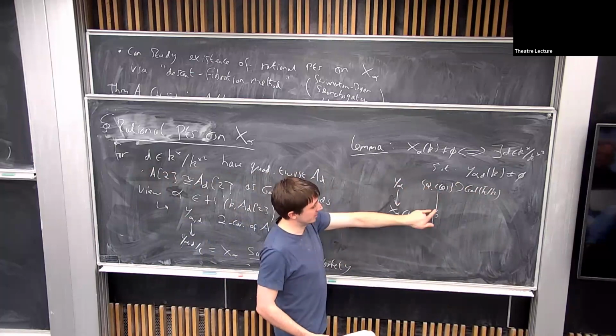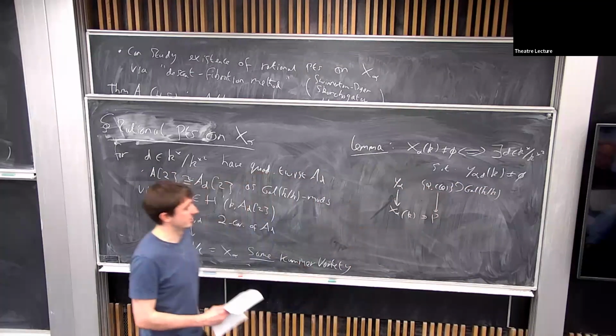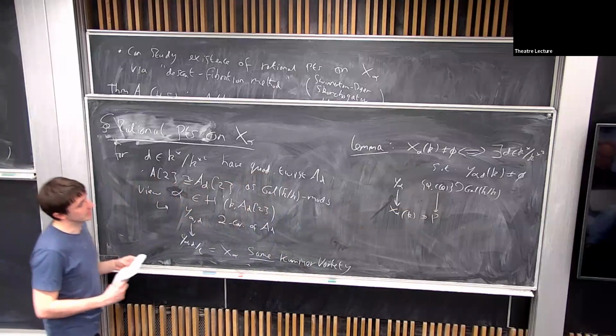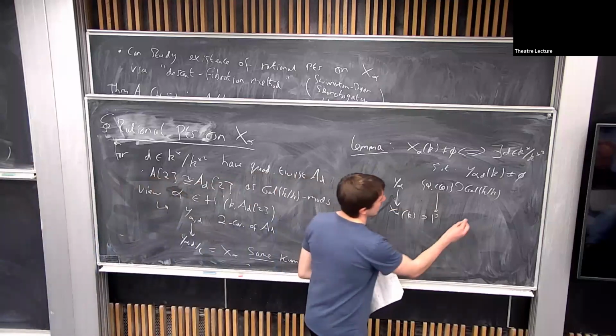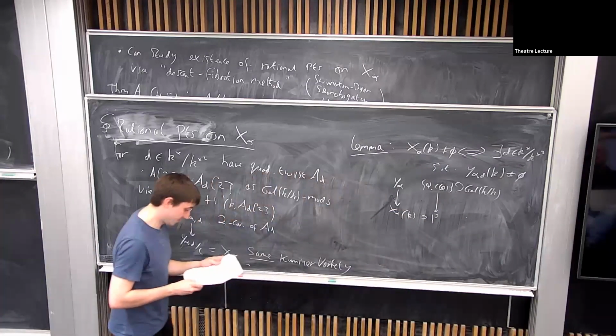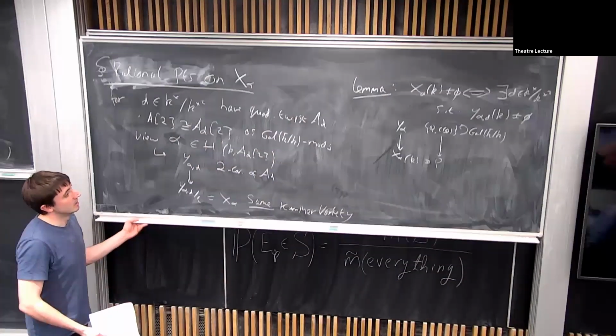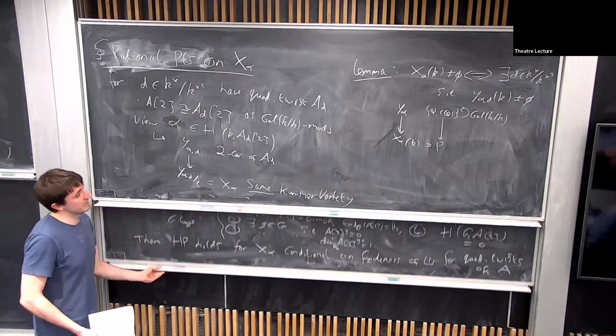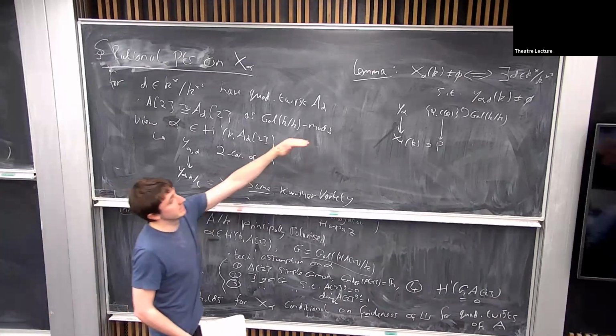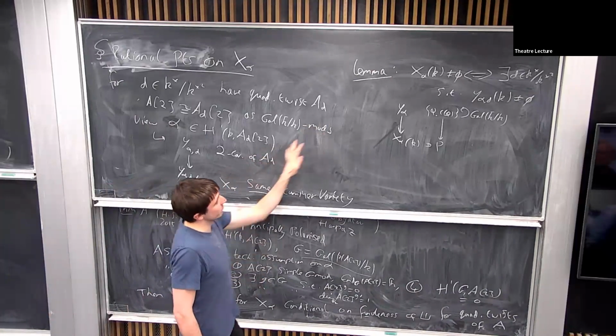And so this point lifts to the corresponding twist. So that's how that lemma is proven. So in that way, you reduce understanding rational points on this Kummer variety to understanding rational points on this family.